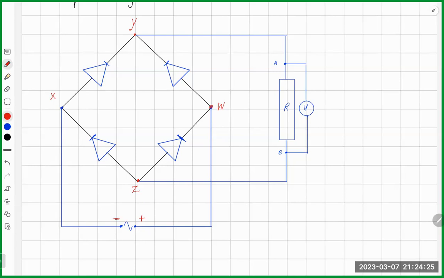What will happen now? The current will leave the positive terminal of the battery and it will reach the point W. When it gets to W, it has two options: go towards Y or go towards Z. Where will the current go?